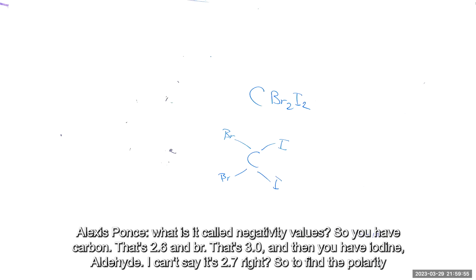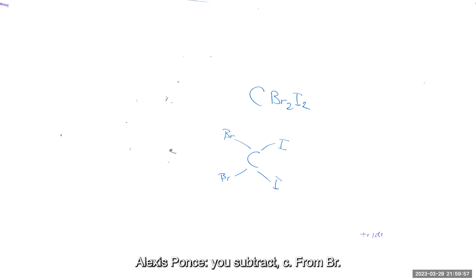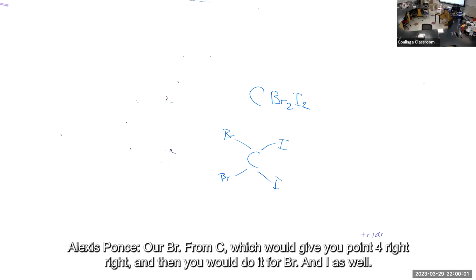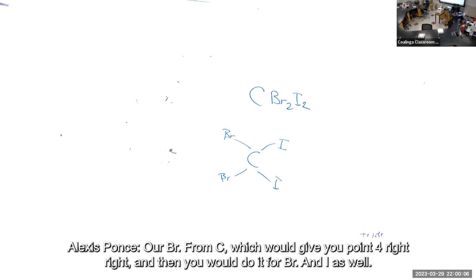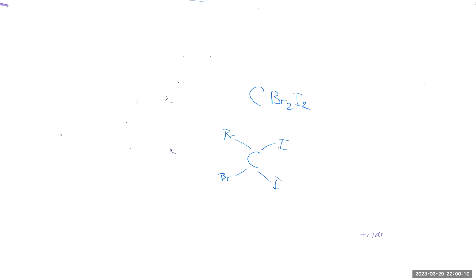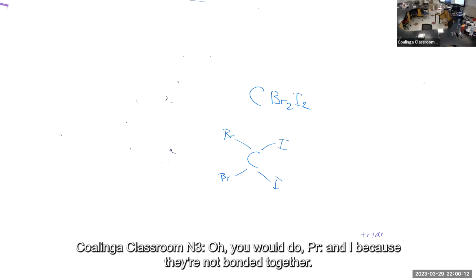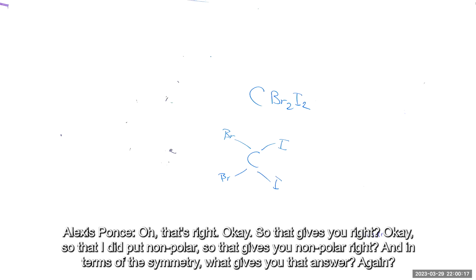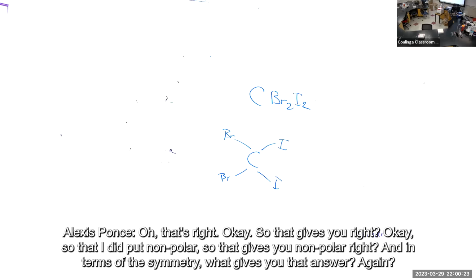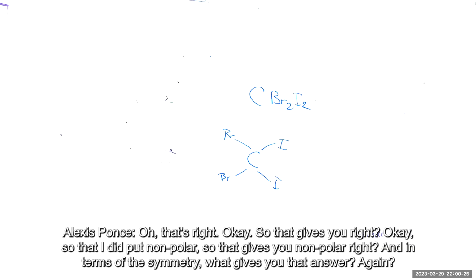To find the polarity, you subtract C from Br, which gives you 0.4, which means it's not polar. Then do you do it for Br and I as well? No, you wouldn't do Br and I because they're not bonded together. Oh, that's right. So that gives you non-polar. And in terms of the symmetry, what gives you that answer again?